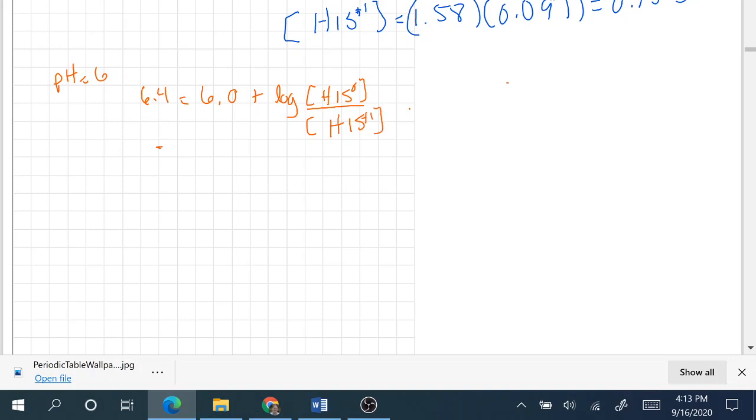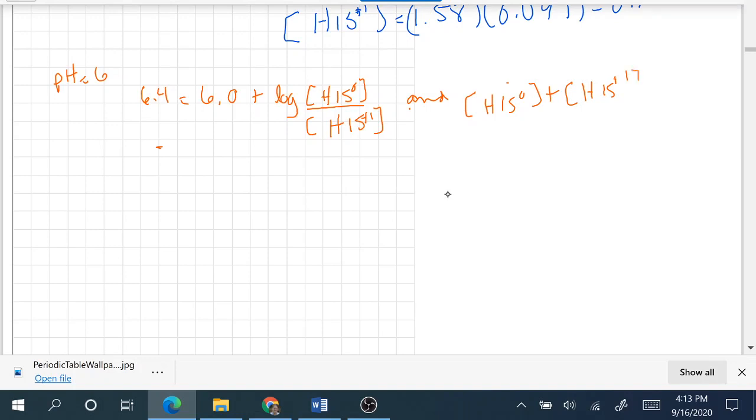Okay, and we know, same thing we did before, His 0 plus His plus 1 is equal to 0.25 molar. Why? Because this is a 0.25 molar solution.